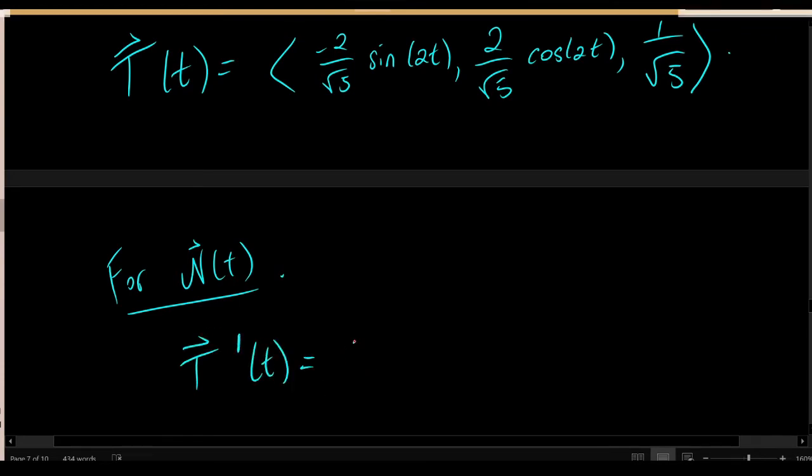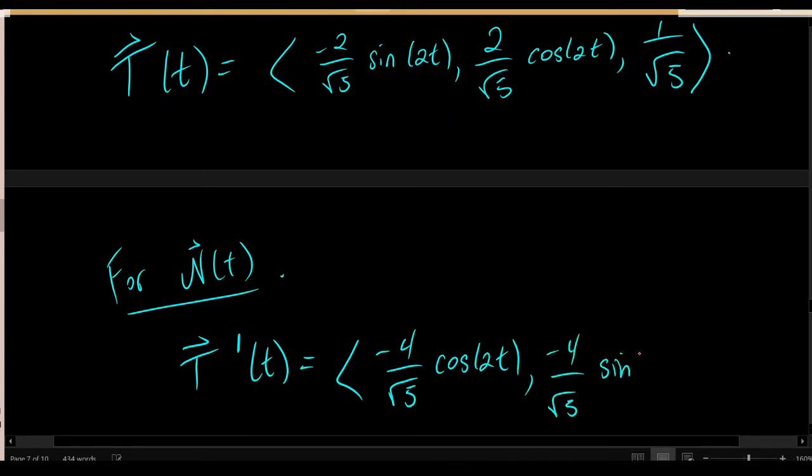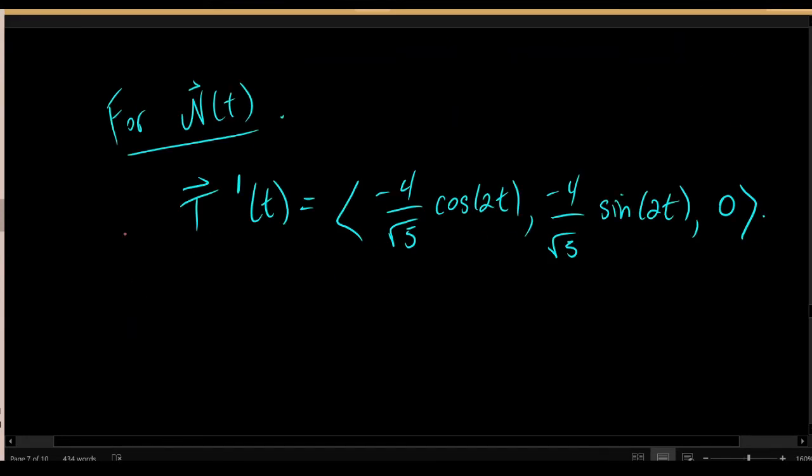Because of the chain rule, once again another 2 pops out, and I get negative 4 over root 5 cos 2t, negative 4 over root 5 sine 2t, and 1 over root 5 is constant, so its derivative is 0.